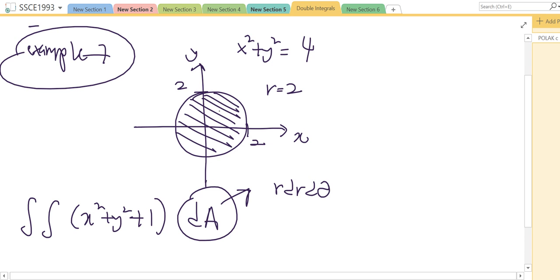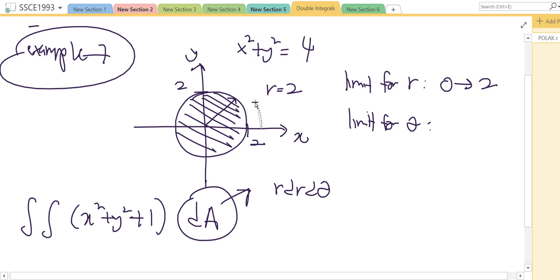Let's take a look at the limit for r first. We know that r is from here up to here, right? So r equal to 0 to 2. This is the limit for r. What about the limit for theta? We know that the direction for theta is anti-clockwise, starting from 0.